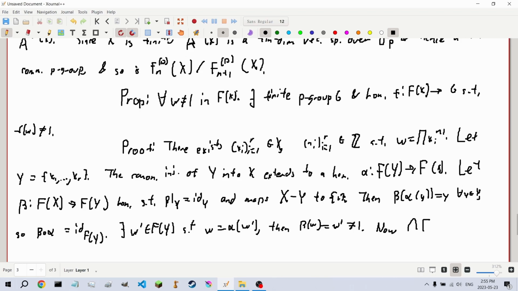Now the intersection of the p-filtrations of F on Y, not X, is 1.